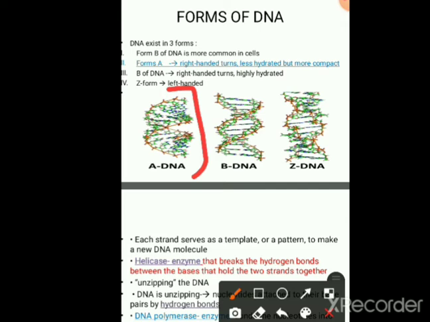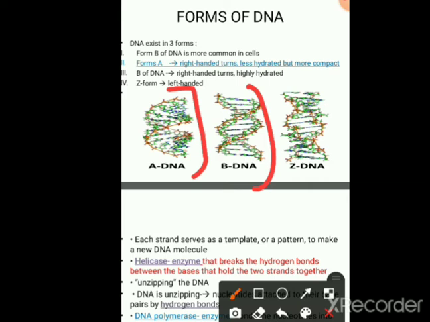You can see it is tilted towards the right, so we could say it is a right-handed form of the DNA. The B form is also right-handed and is highly hydrated. But form A, although less hydrated, is more compact.